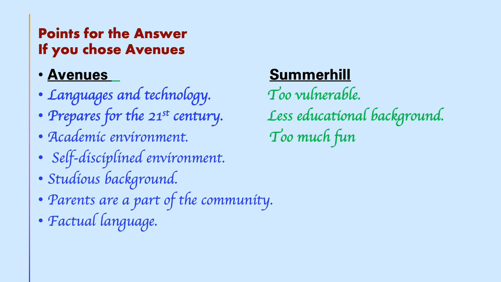And if you write about Avenues, you have to write why you didn't choose Summerhill as well. So there are some points. Too vulnerable and less educational background and too much fun, and they are enjoying too much freedom. So you can use these things to write your answer.